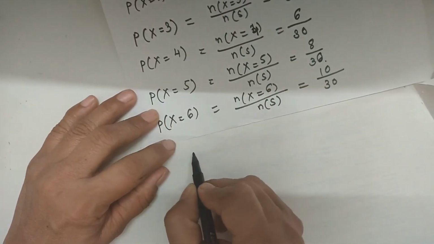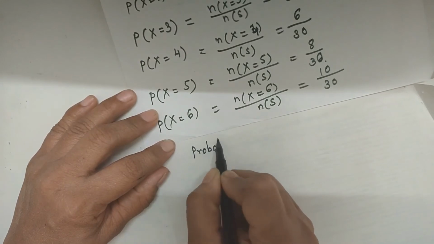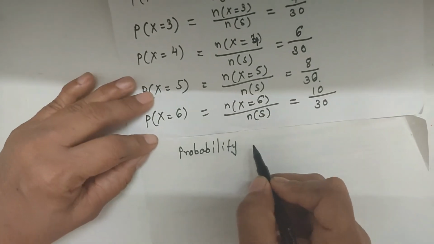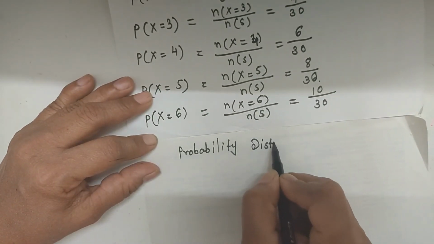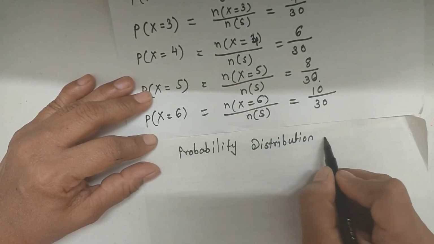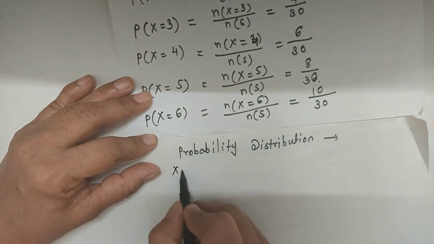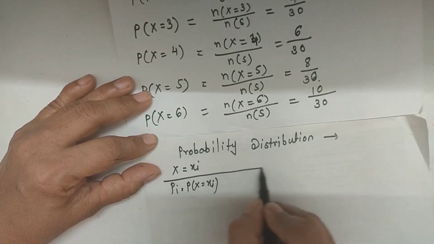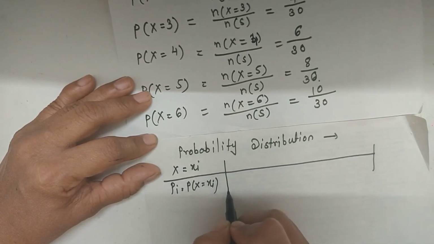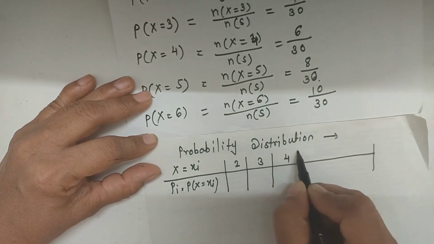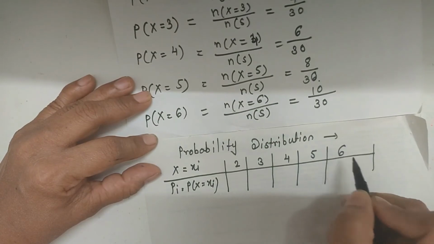In this way we can write the probability distribution table for this random variable. So the probability distribution for x is equal to xi and pi is equal to P(x equal to xi). The values are 2, 3, 4, 5 and 6.